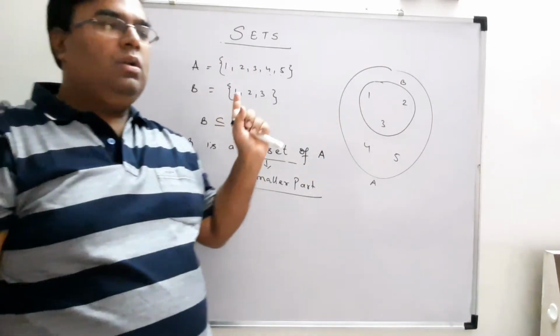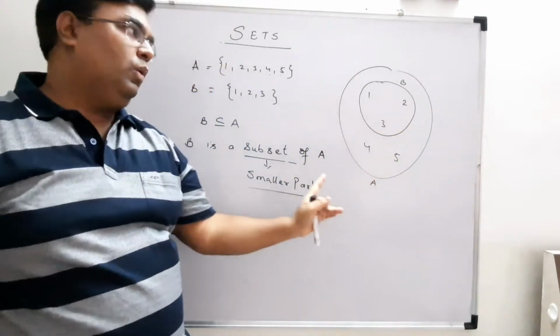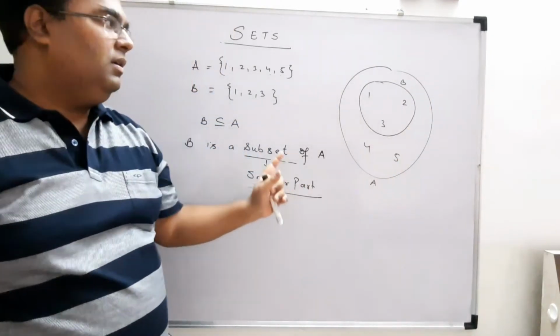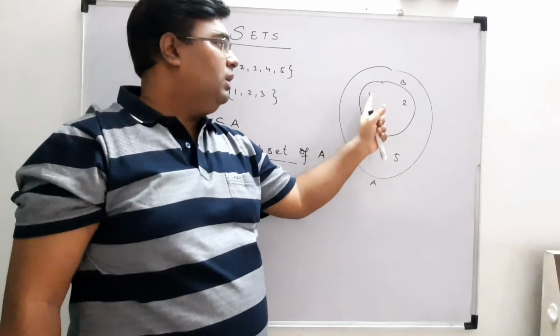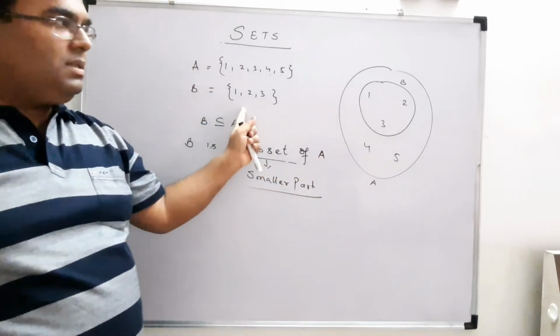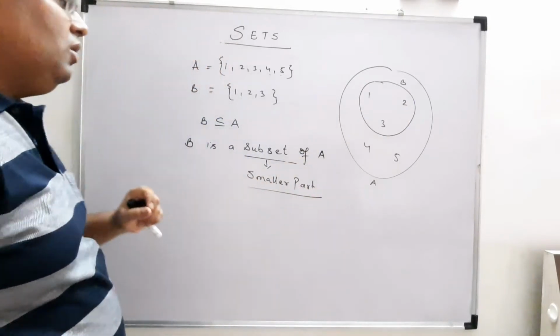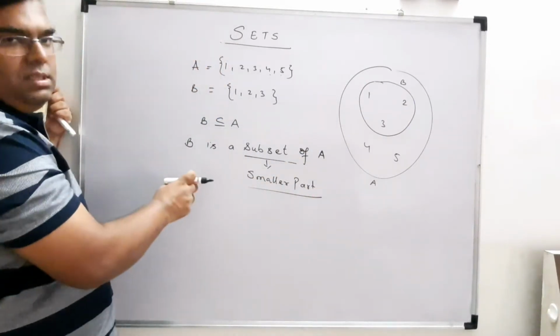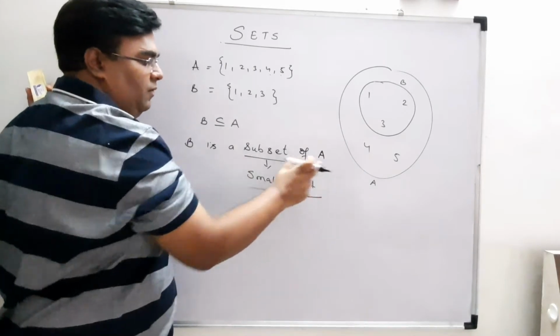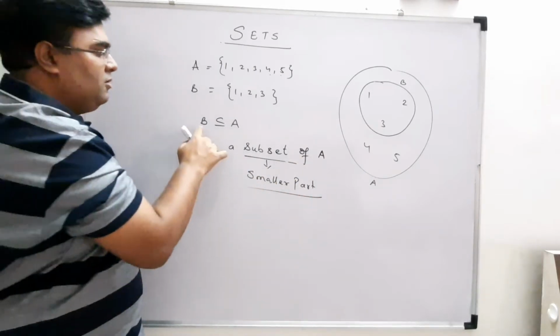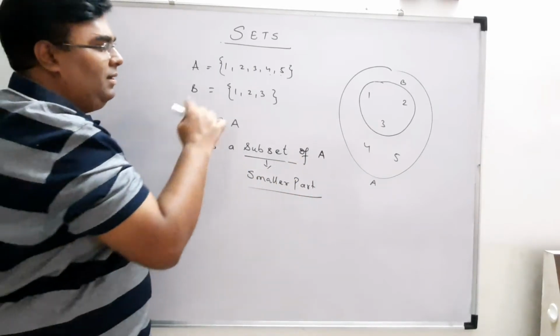First you draw the bigger one including all the elements, and then you make sure that the smaller set's elements come together in a smaller circle or smaller oval. So B is a subset of A means all the elements of B are in A also.